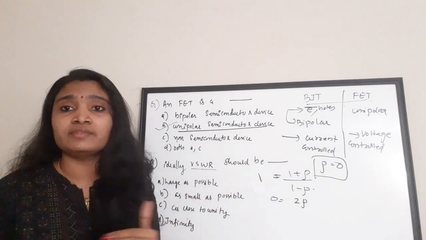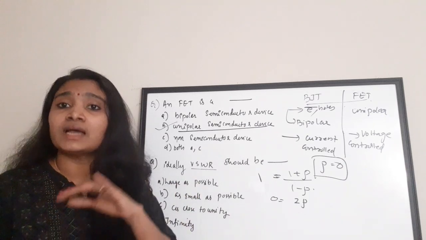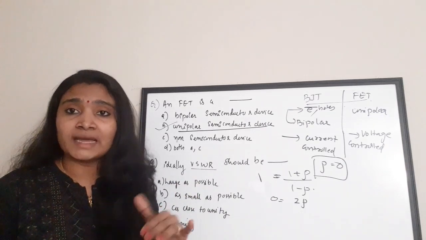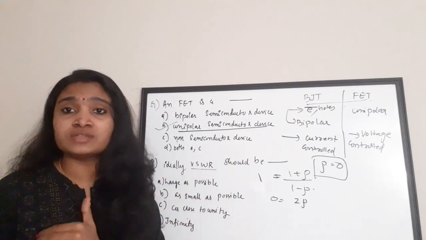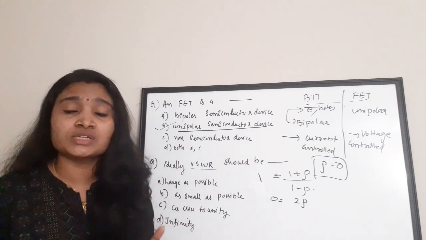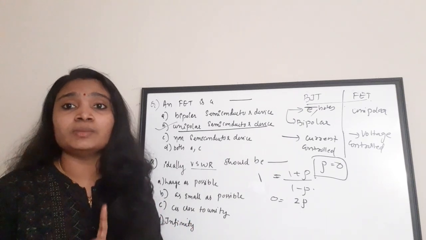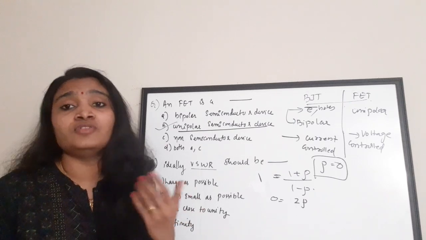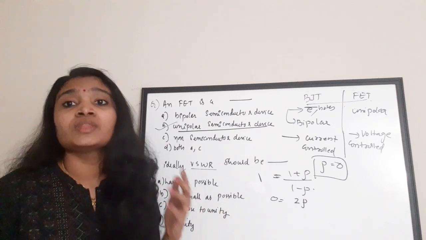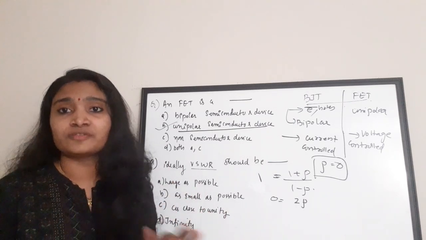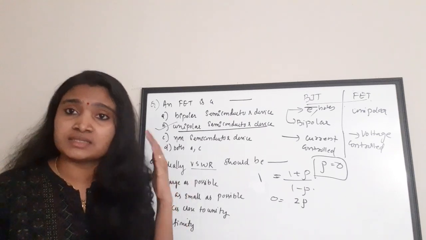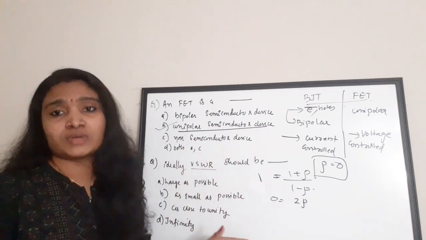From the source side, we are sending some wave to the receiver, and that path only is required. The reflection is not required. So ideally VSWR should be equal to 1 in order to have no reflections. That is the concept you should know to answer this question.